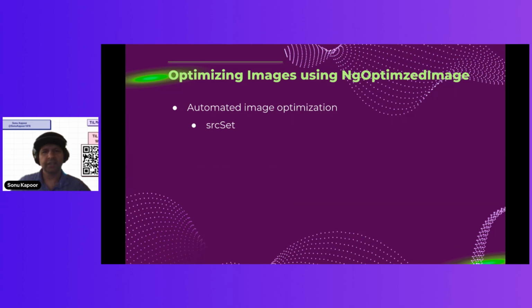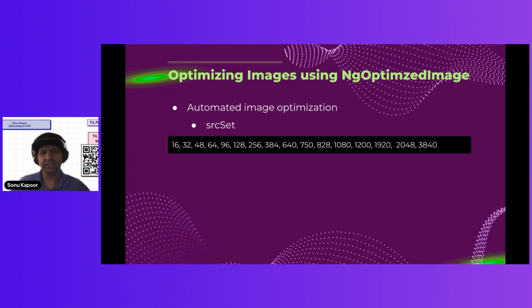So unlike the standard image element, the directive can automatically handle image resizing through the source set attribute. This ensures that users always receive the most optimized version of an image for their device and network conditions. Imagine having to set the source set manually to support all the image sizes.